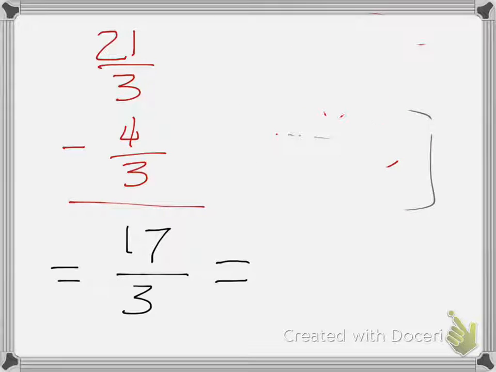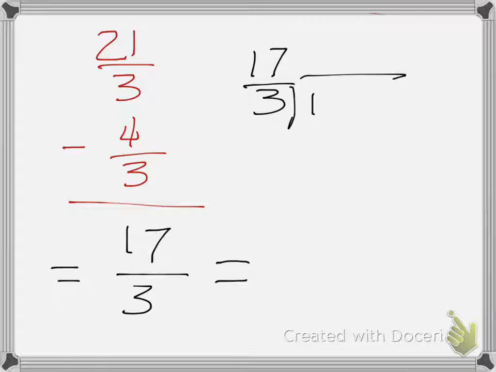So let me give myself a little room here. What you have to do is take that 17 over 3, make your fraction house, and divide out. 3 goes into 17. How many times without going over? Well, 3 times 4 is 12. 3 times 5 is 15. 3 times 6 is 18. That's too much.